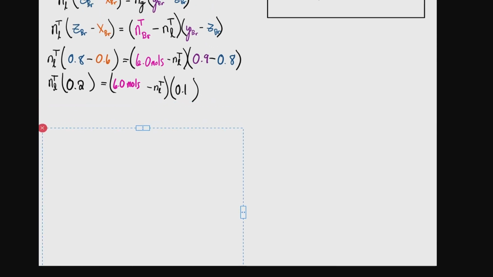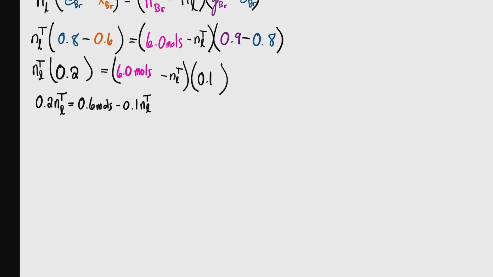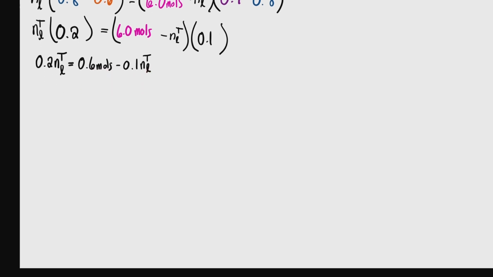As we move on, we can distribute the outside parentheses, 0.2, 0.2, and then we distribute this 0.1 into the parentheses, and we end up getting 0.6 moles minus 0.1 moles of bromobenzene in the liquid form.